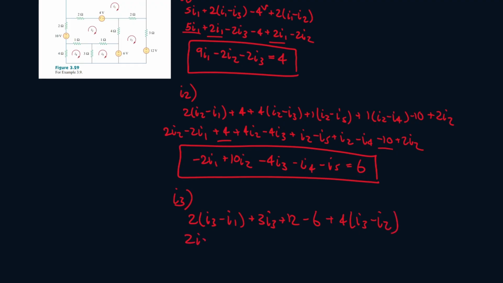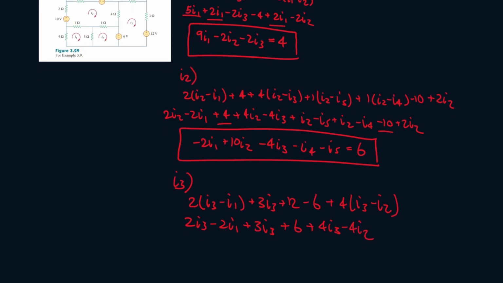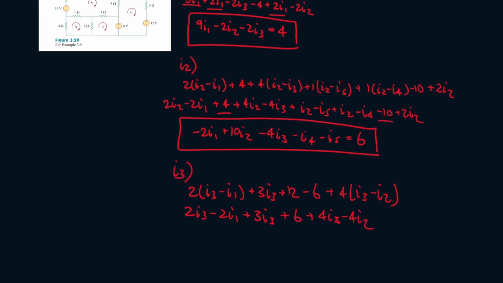FOIL this out. 12 minus 6, that's plus 6. And then collecting like terms, we get the following. And let's bring the plus 6 to the other side, so it's minus 6.